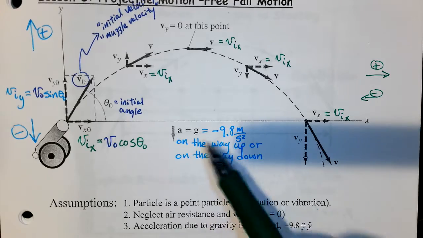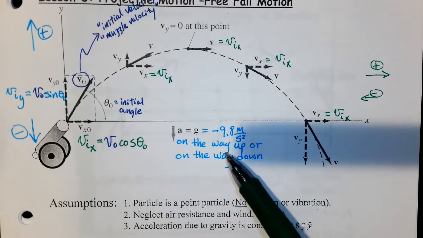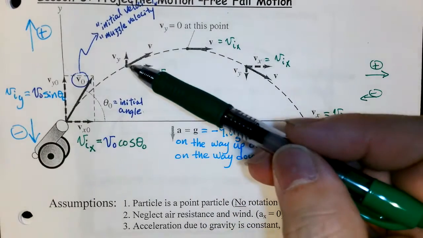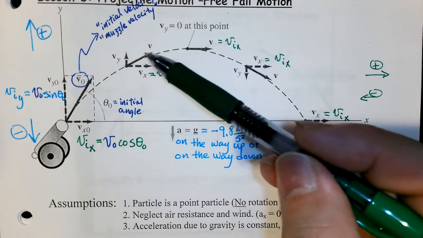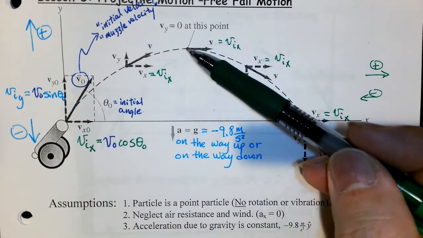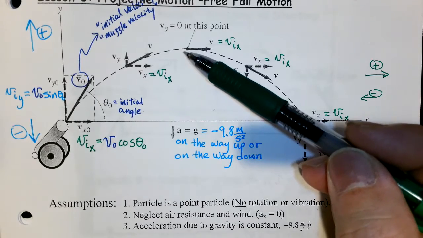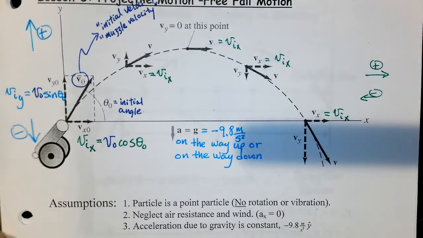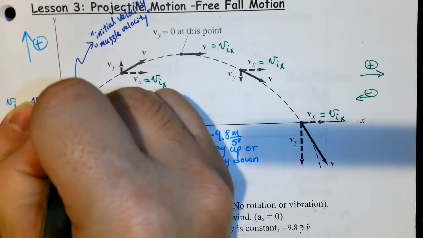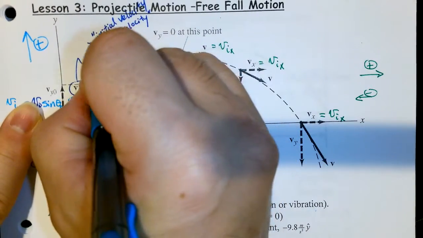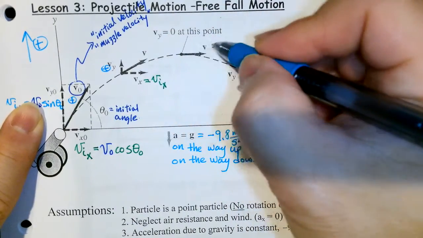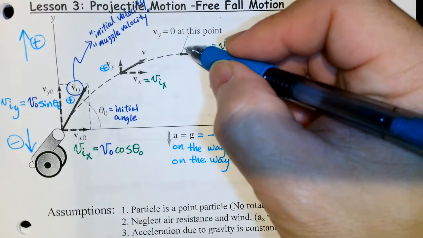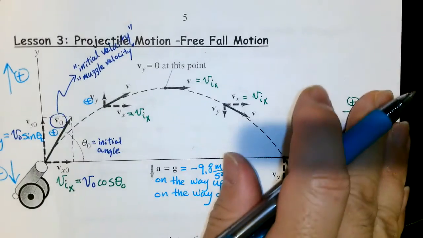However, because gravity pulls on this thing and influences it vertically, your vertical velocity on the way up will slow down, slow down, slow down to zero at maximum height. So here, this will be positive. Here, my Vy at maximum height will be zero.